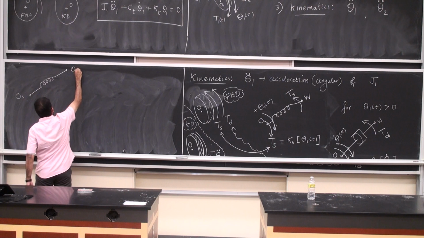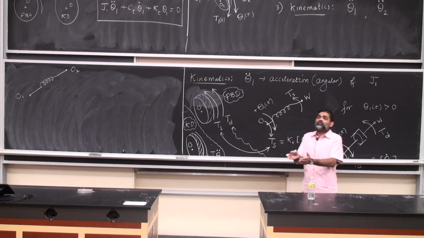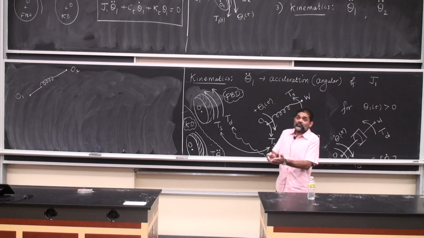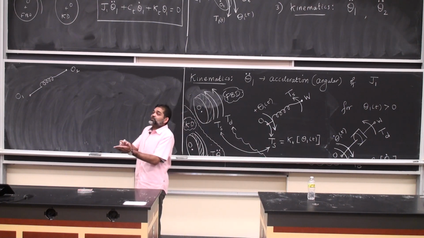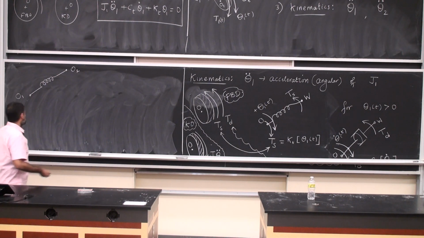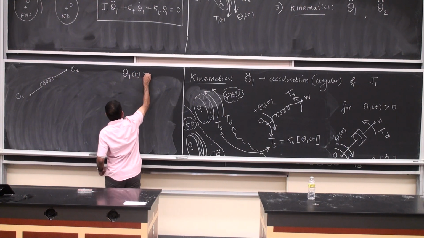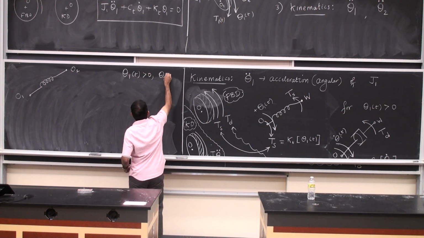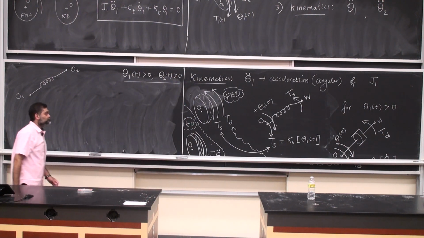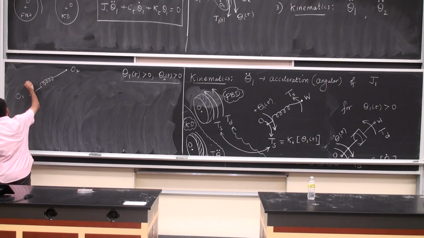This end is O2. Then I say that all my calculations are performed for positive θ1 and for positive θ2, so that if I end up with a positive answer, I'm good to go. If I end up with a negative answer eventually, it means my motion is opposite to what I assumed it to be. Okay? So for positive θ1 and positive θ2, I'm going to draw the directions for positive θ1 and θ2.